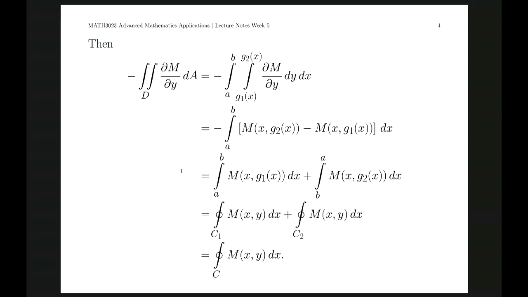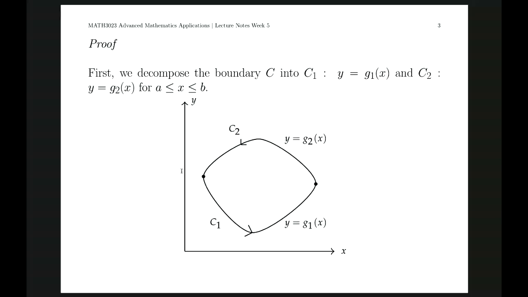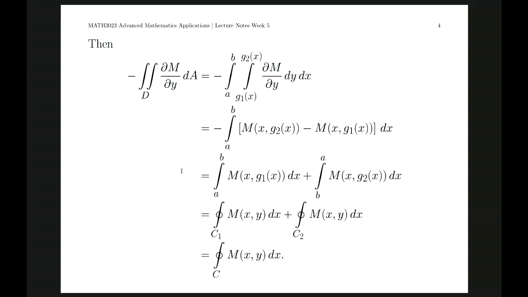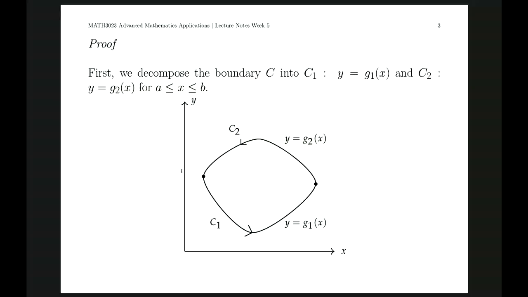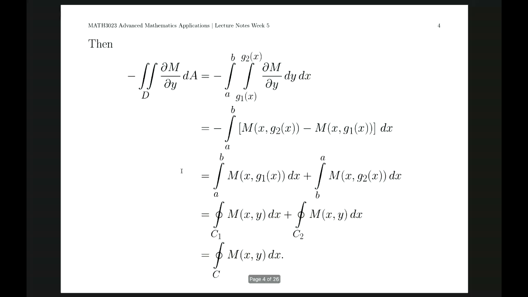So the first bit is the integral from A to B along this curve, and the second is the integral from B to A along this one, so I'm going anti-clockwise as intended. That means these are entirely equivalent to these path integrals. And of course, the path integral along this one plus the path integral along this one is the whole thing, C.